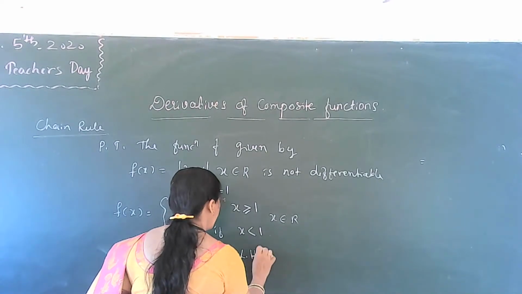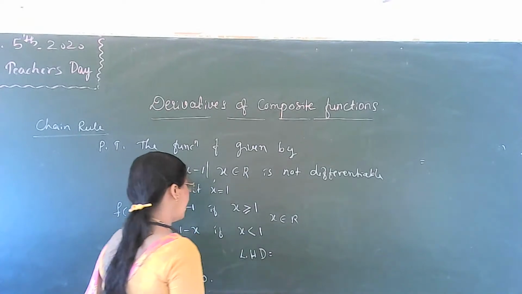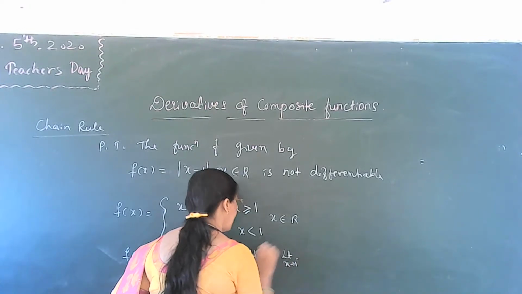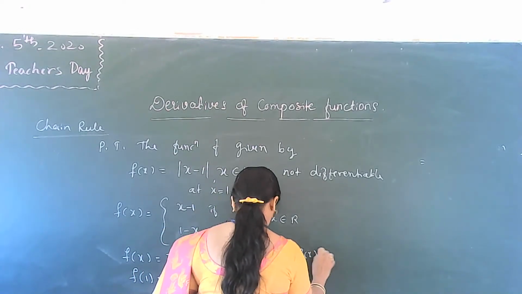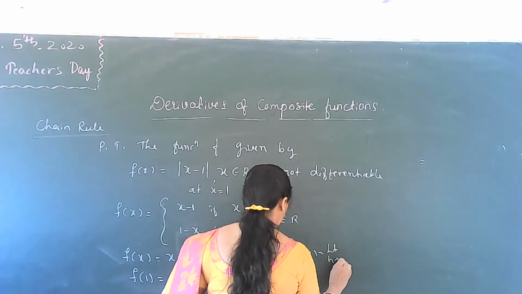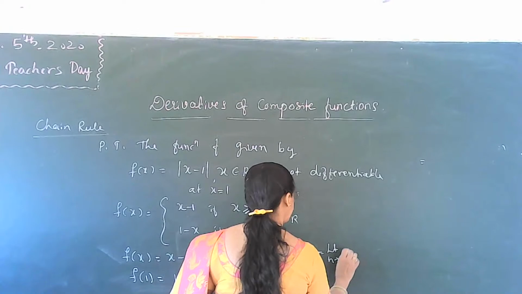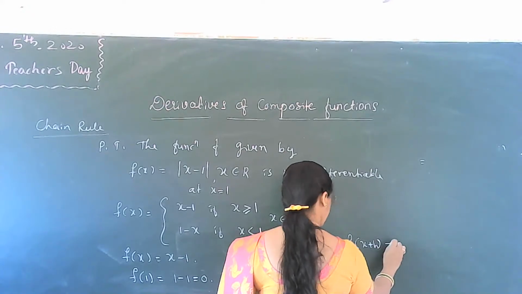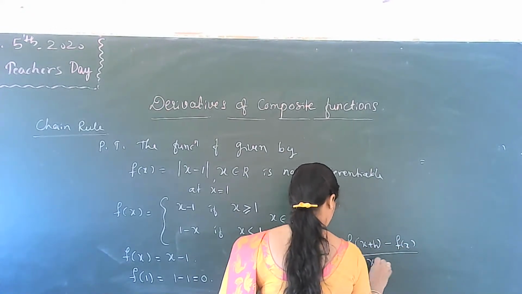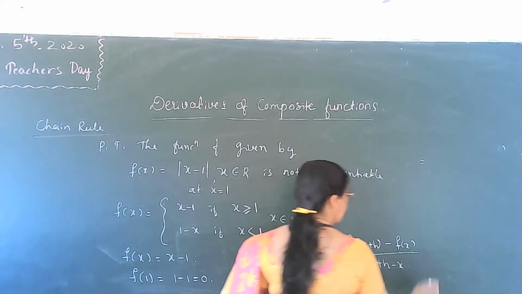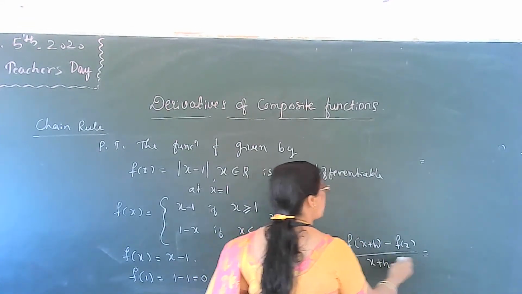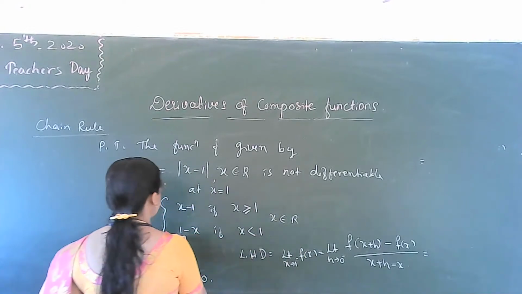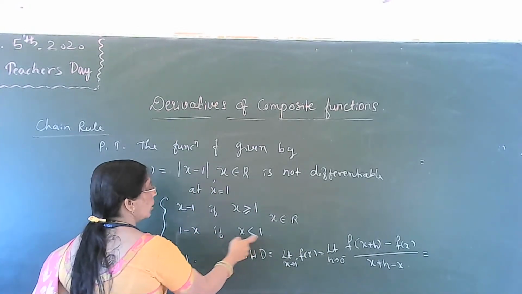Then we find LHD, the limit of derivative on the left side, which is the limit of x tends to 1 minus of f of x minus f of 1 divided by x minus 1, which is equal to the limit of h tends to 0 of f of 1 plus h, where this side is less than 1.